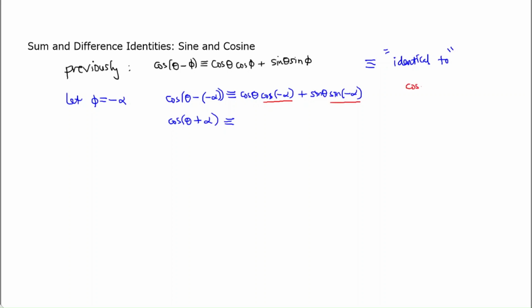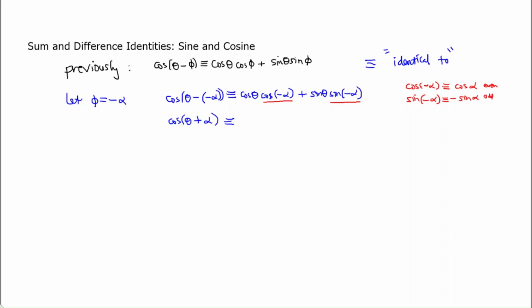Well, you remember that cosine is an even function, and sine is an example of an odd function. I also have a video about that if you want to check that out.